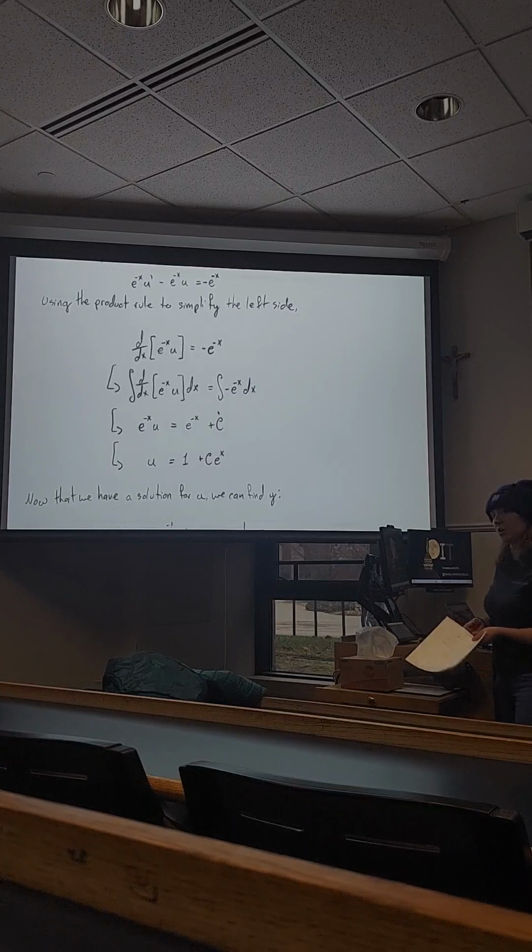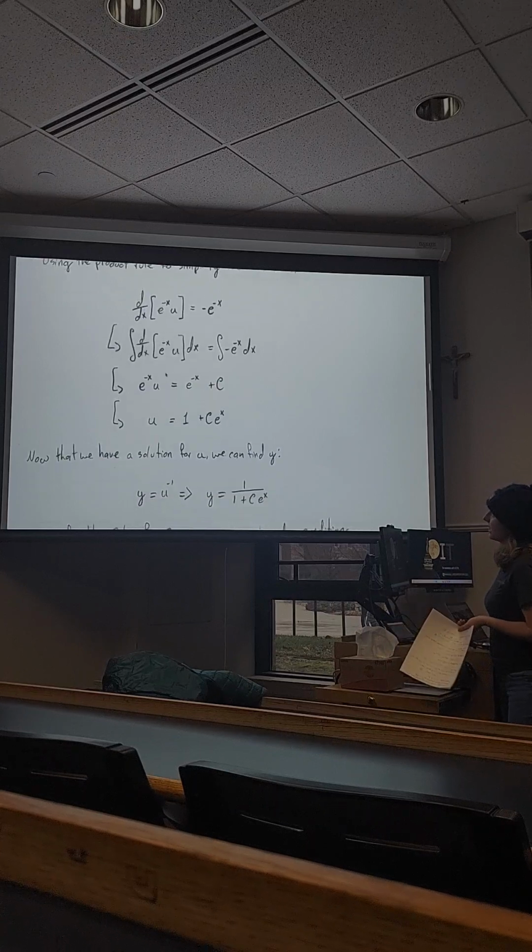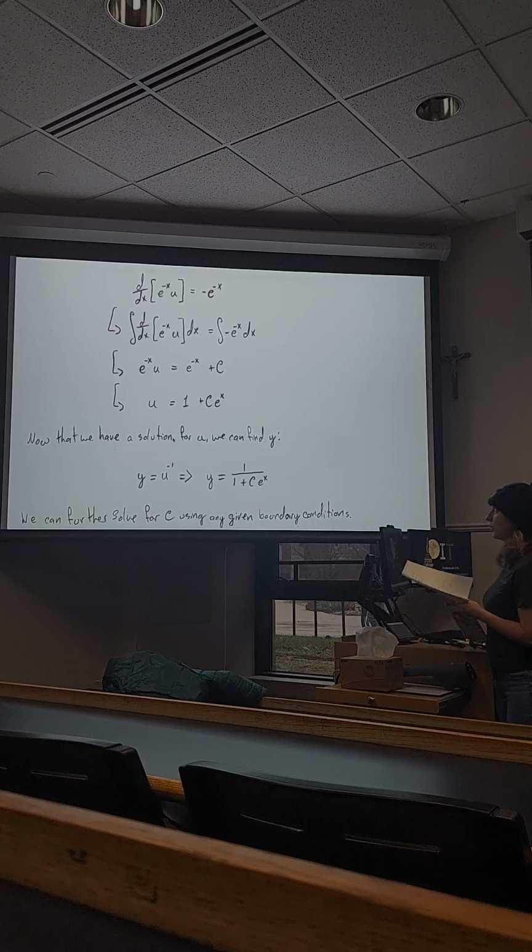We integrate over x. This makes the derivative and the integral go away here, and the integral of negative e to the negative x dx is just e to the negative x plus some constant, and then dividing by e to the negative x, we have a solution for u, which is 1 plus some constant times e to the x.